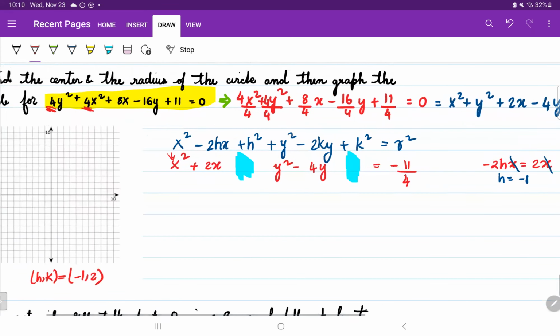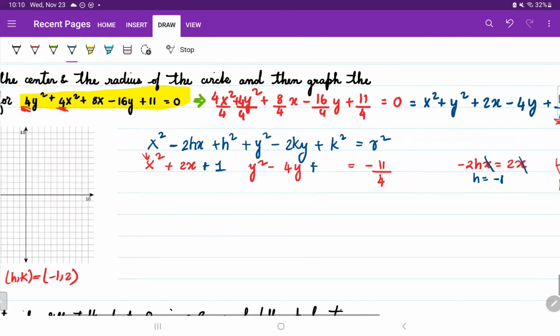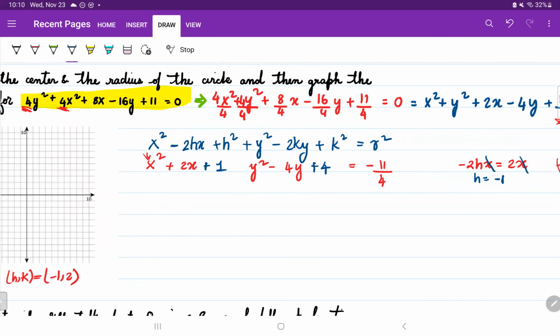Okay, so let us now fill in our blanks here. So we have plus h square, which is just 1, and k square is 2 square, which is 4. Since we added +1 and +4 on the left, we have to add the +5, basically +1 and +4 onto our right.